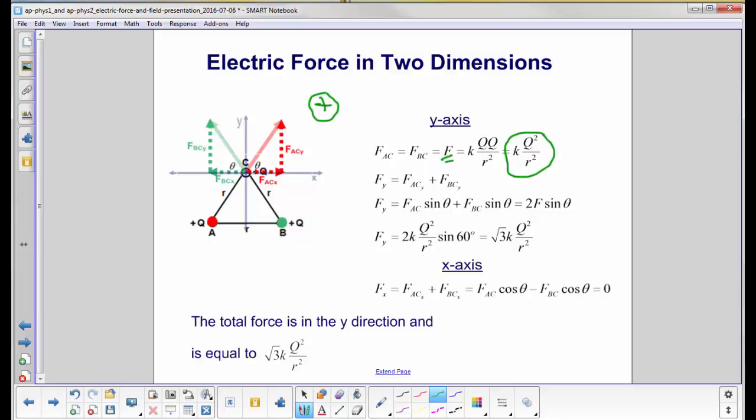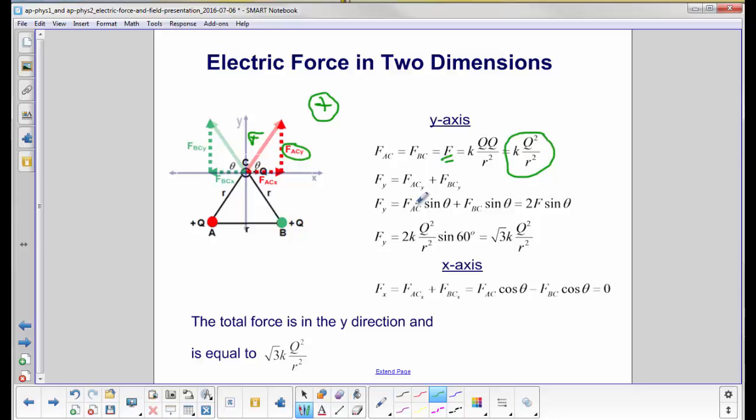Let's look in the y direction. It's equal to the force of AC in the y direction plus the force of BC in the y direction. So let's just look over here. What is this guy equal to in terms of this force right here? Well, it's going to be the hypotenuse, which is the force, times the sine of theta. So there we have the force of AC times the sine of theta, plus the force of BC times the sine of theta.